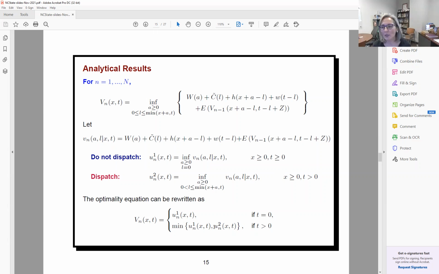In most inventory applications, and this is probably true for this application as well, although I didn't look at this problem, if you can characterize the structure of the optimal policy for a finite horizon problem, then the infinite horizon policy is very easy to prove, because typically the structure of the infinite horizon optimal policy is based on the structure of the finite horizon policy, as you can guess.